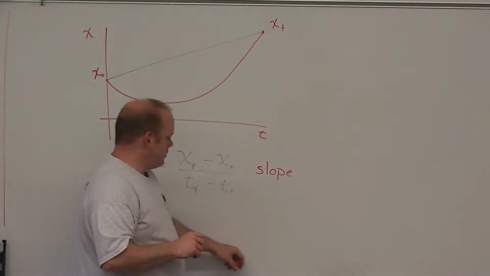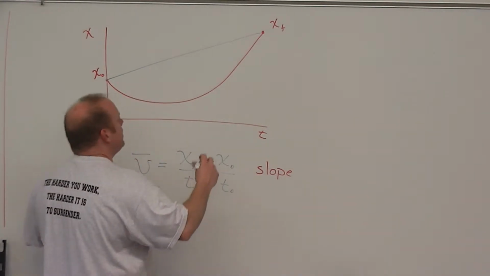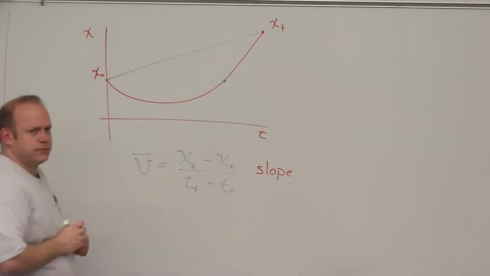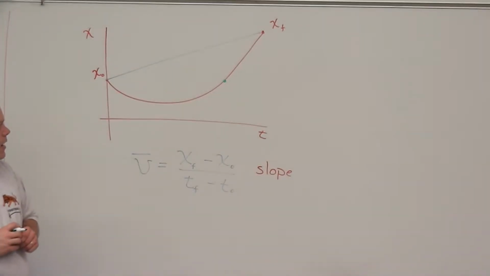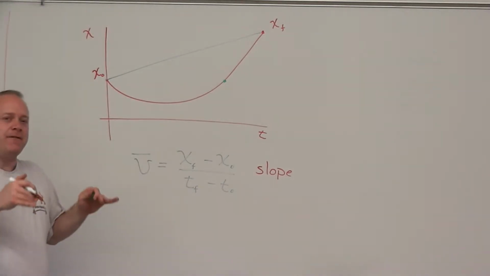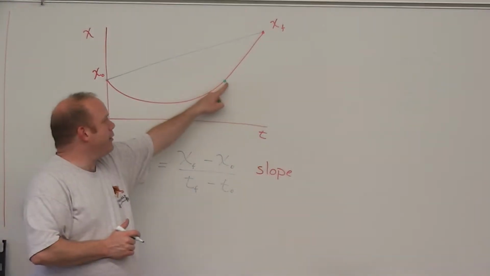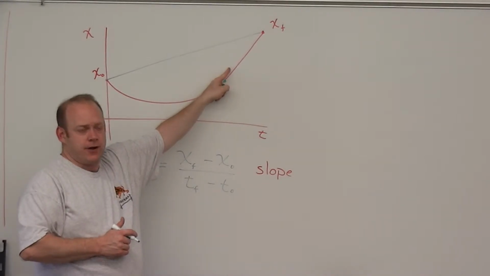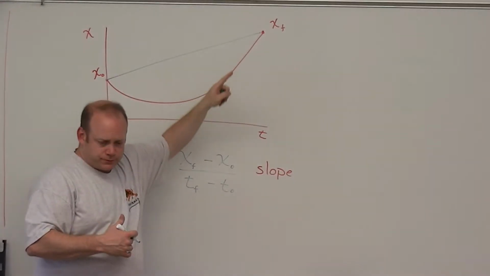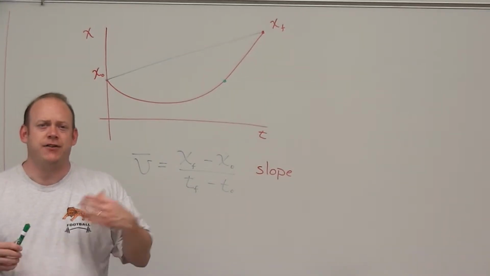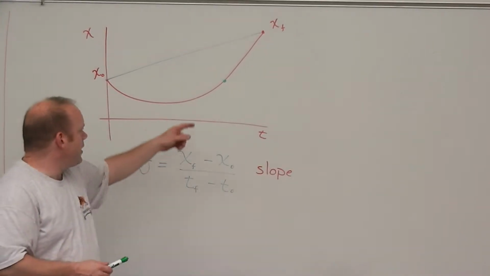What if I wanted, instead, to find the speed at this point right there? Here's the thing. I know I am going a lot faster when I'm here than my average velocity is here. My average velocity is not as much as my velocity when I'm here.